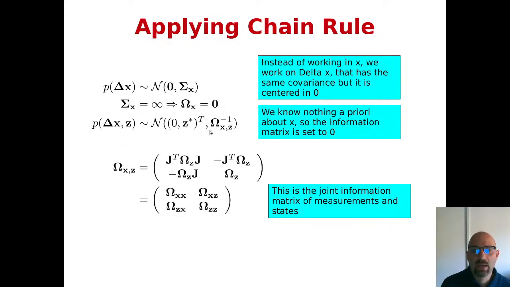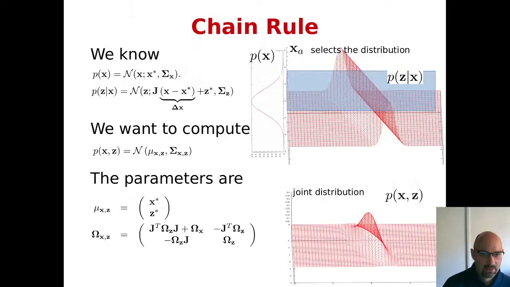And I will also have a certain covariance term, which is what I'm interested in, which will be the joint covariance over delta x and z, or x and z. Okay, excellent. Now, let's go back a second. Look at this formula over here.